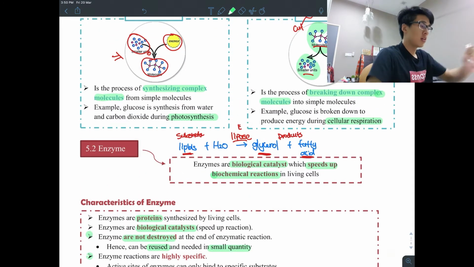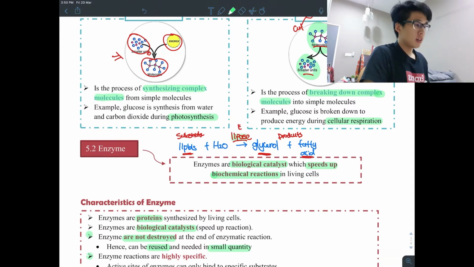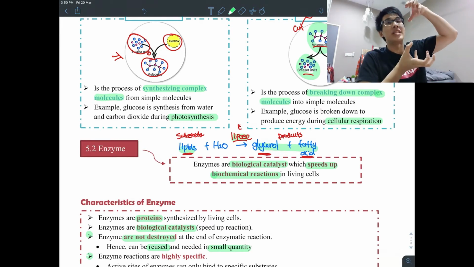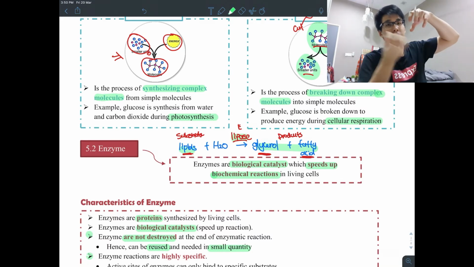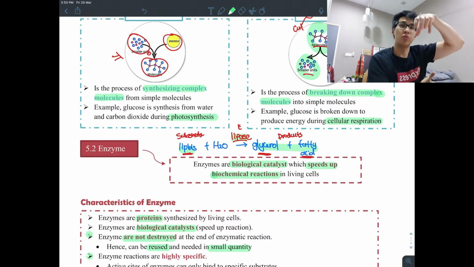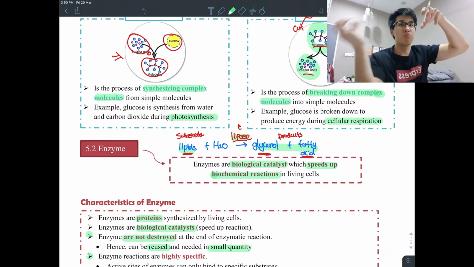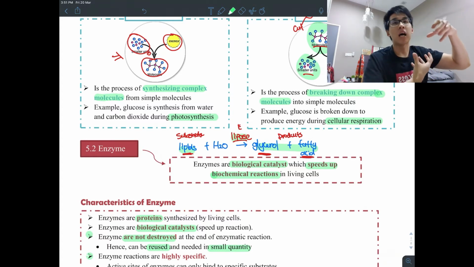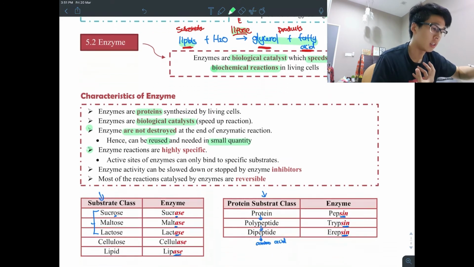When lipase breaks down the lipids into glycerol and fatty acid, the lipase will still be there. It means only the substrate is broken down, the enzyme is still there. So the enzyme can be reused, and can still break down other lipids that come into your body. That's why, if it can be reused, I only need it in small quantity.